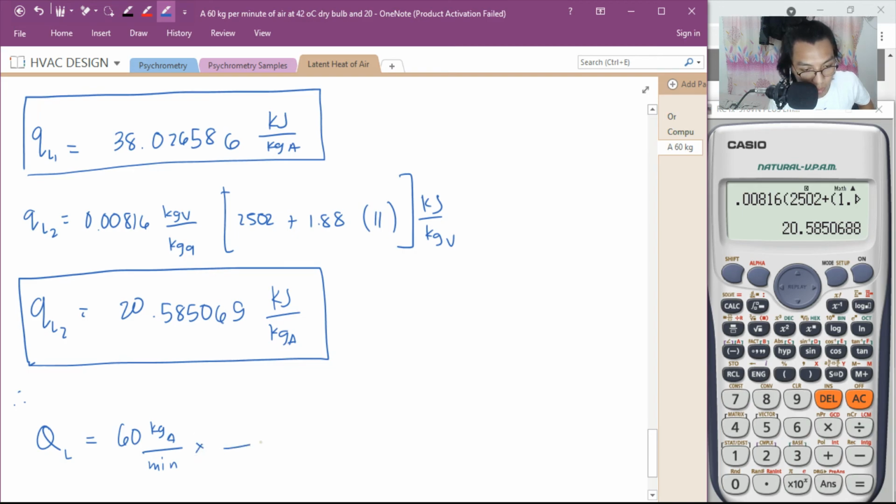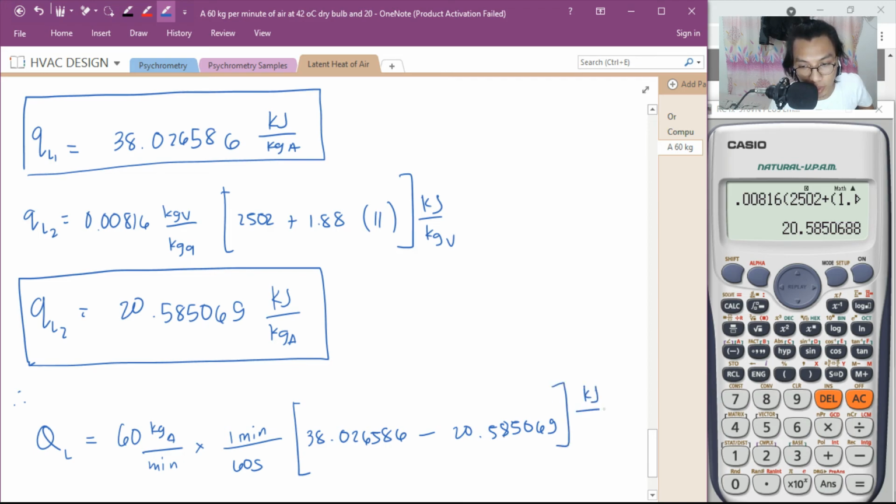Multiply na natin ng 1 minute in every 60 seconds. Tapos, yung QL1, 38.026586 minus 20.585069 kilojoule in every kilogram air.